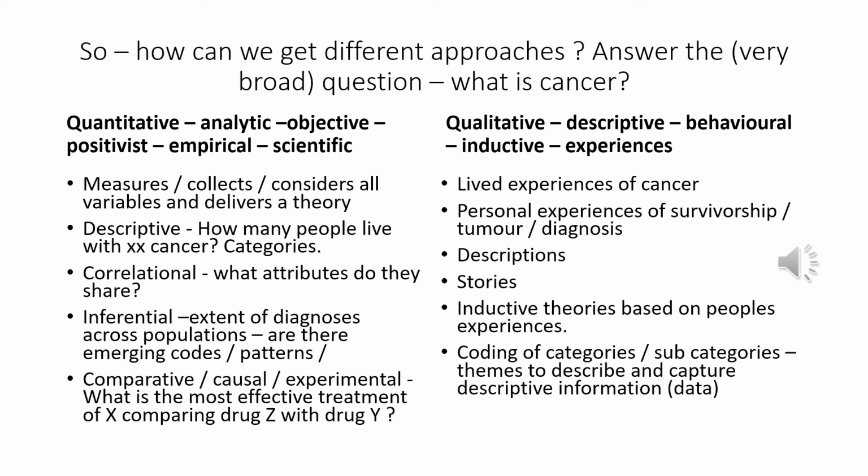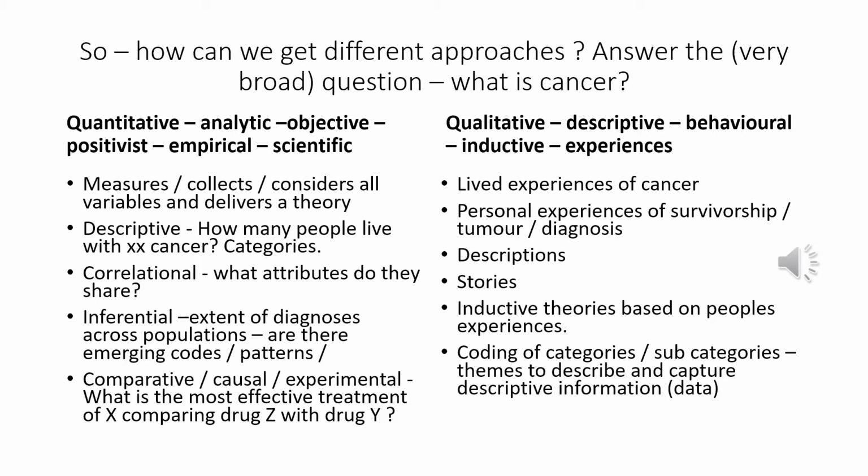Take gastroesophageal cancer, for example, cancer of the head, neck and throat. It is more common in males than it is in females. So with the quantitative statistics that show us that that is the case, that we have a ratio of 2/3 men, 1/3 women with this particular cancer, we can infer that populations of higher males are more likely to get gastroesophageal cancer.